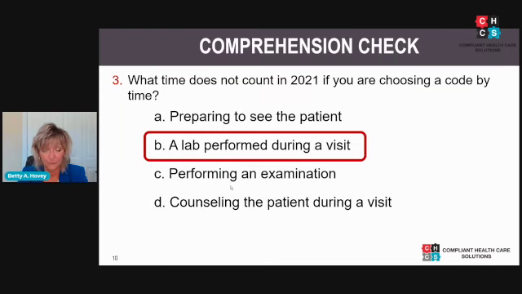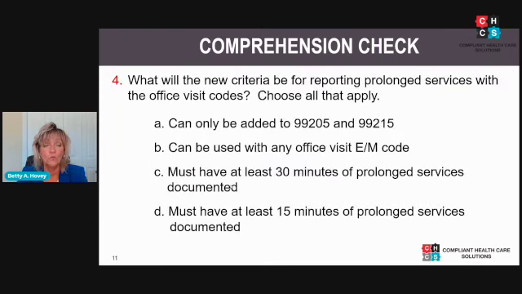And one more, what will the new criteria be for reporting prolonged services with the office visit codes? Now here you're going to choose all that apply. So they can only be added to 99205 and 99215.